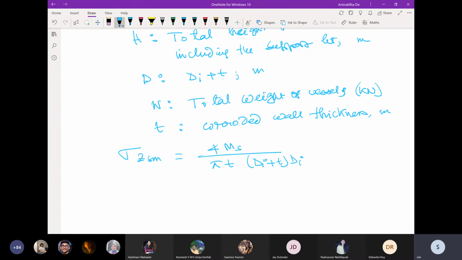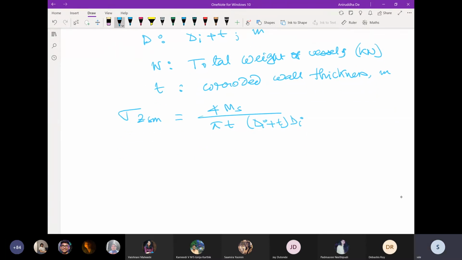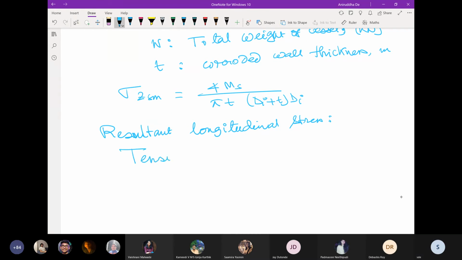So after calculating all these stresses, we calculate the resultant longitudinal stress. For tensile, sigma z maximum will be equal to sigma zp, because that is the tensile stress, minus sigma zw, because that is the compressive stress, plus sigma zwm.